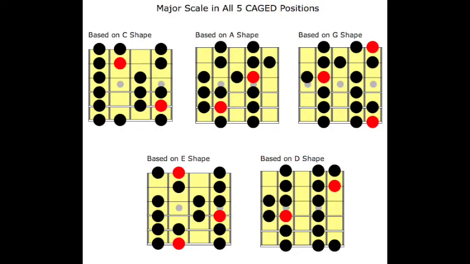Okay guys, so here we are, moving on to the next image. So to recap, we've learned how to identify a major scale with the formula, the whole tone or semitone formula, depending on which one you prefer.